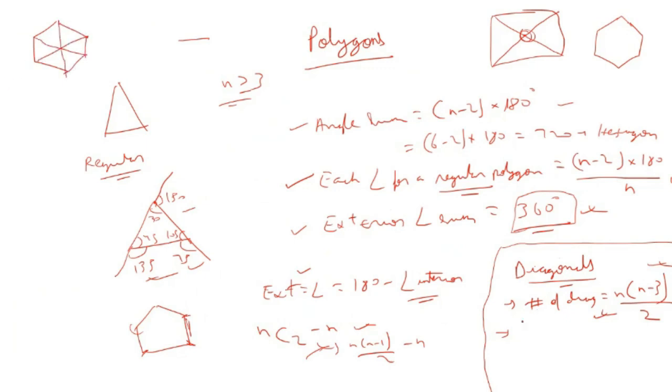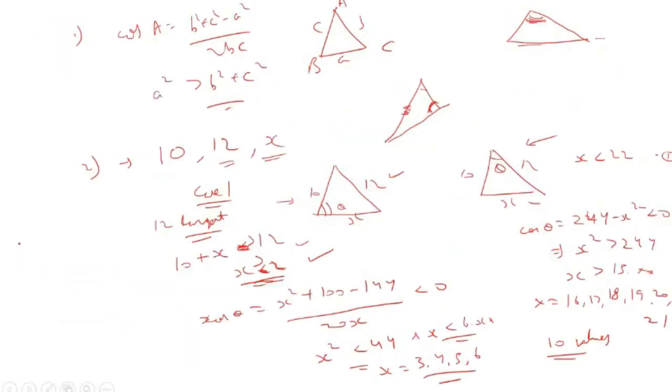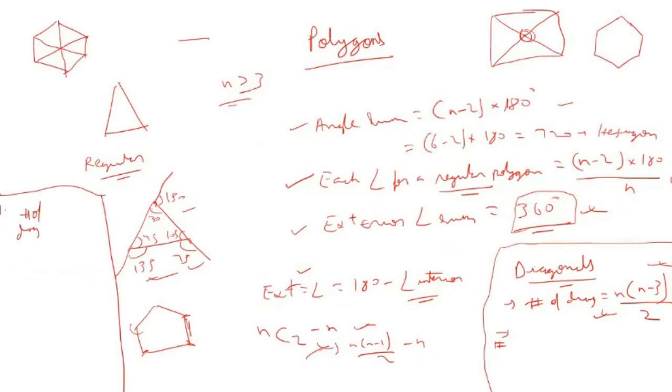So the number of diagonals through the center of any polygon would be n by 2.